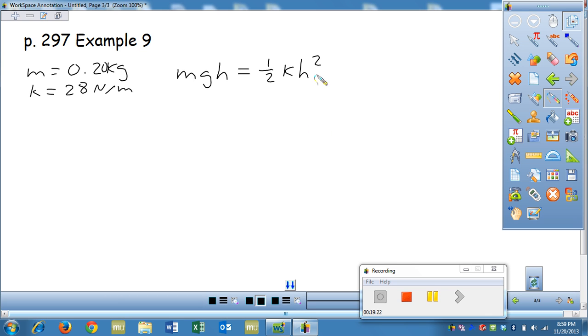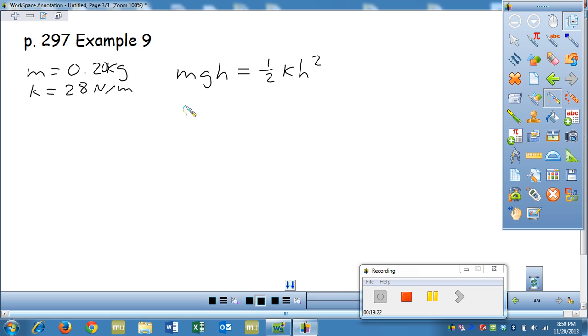Okay, and so now it's lost all that gravitational potential energy. That energy has all been absorbed by the spring, converted into elastic potential energy. There's no kinetic energy because in both cases it's not moving. It moves in between, but here it's not moving and it comes to a stop here before it bounces back up. So we're asked to find h.